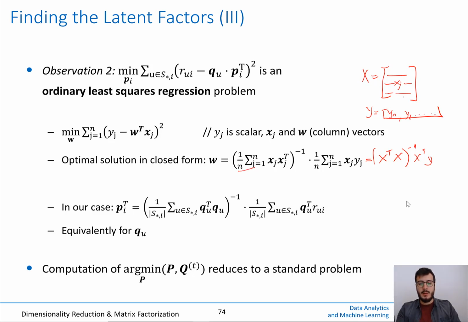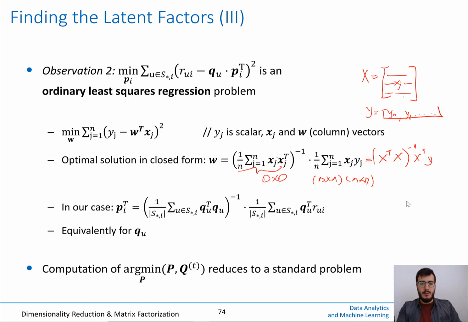This here is a d times d matrix because, be careful, xj and w are column vectors, which means xj is a d times 1 column vector multiplied with its transpose, which is 1 times d. So this is a d times d matrix, which is then inverted. So computing the optimal w in matrix notation is the same as computing it in this sum notation.